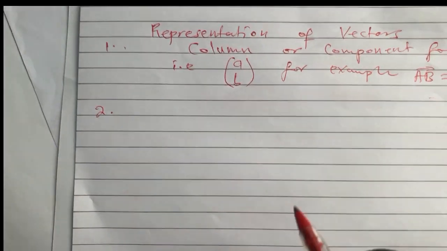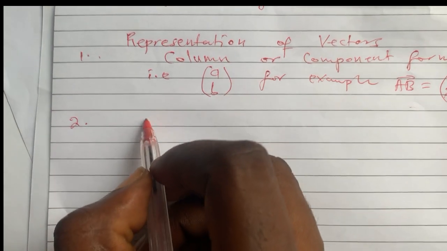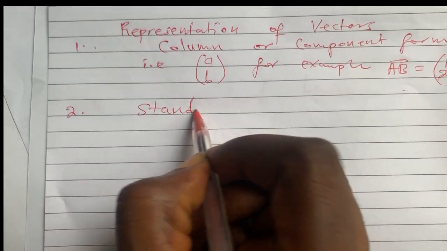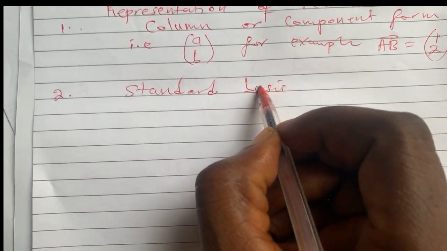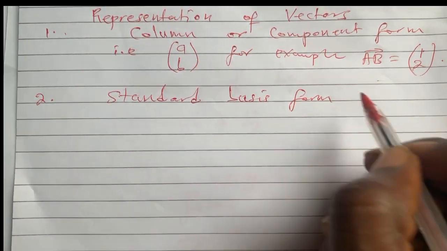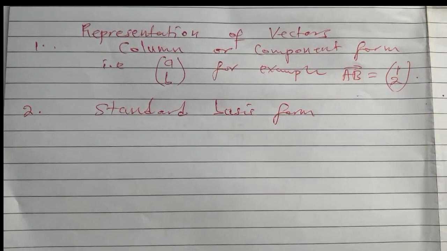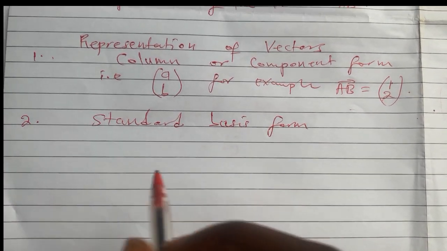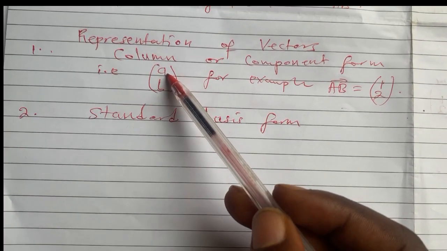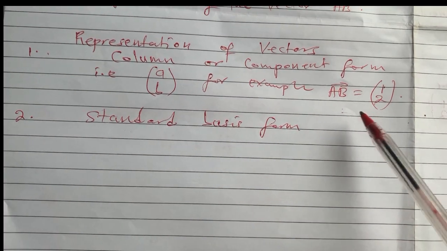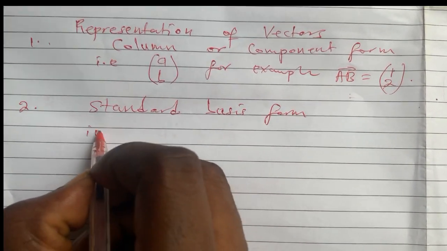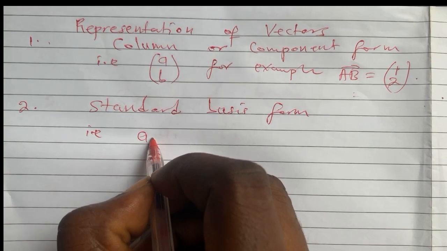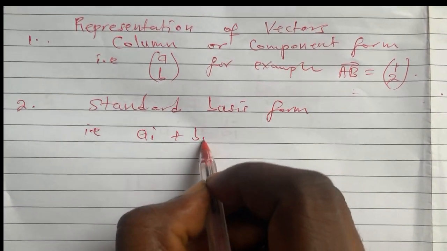Again, we could have vectors in standard basis form. For the vector AB, which is (1, 2), in standard basis form, generally we have ai plus bj.